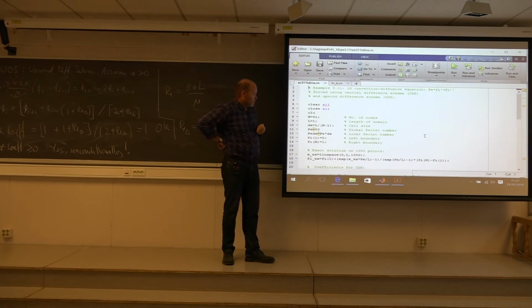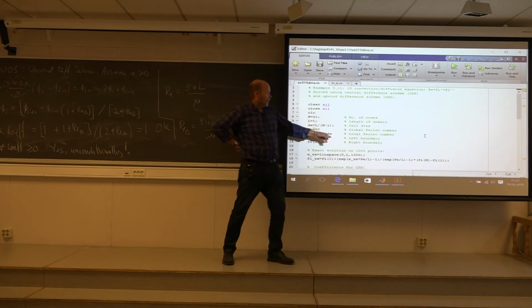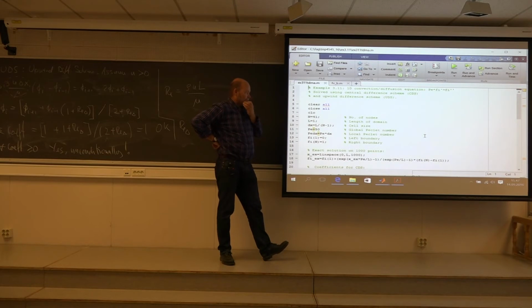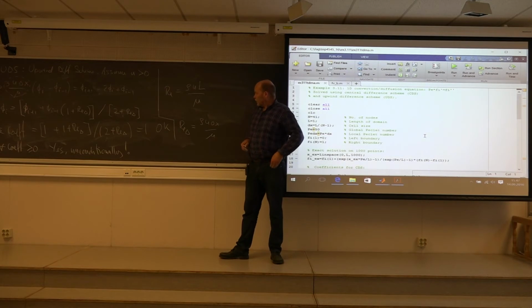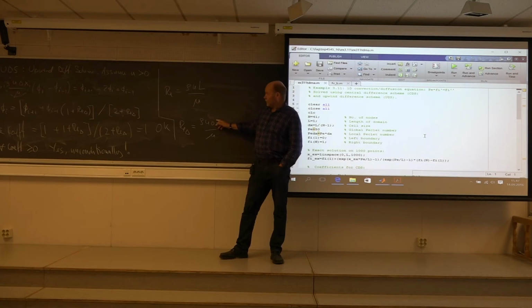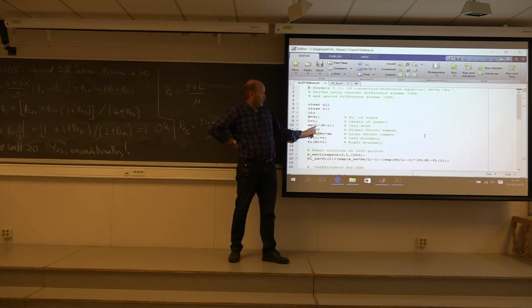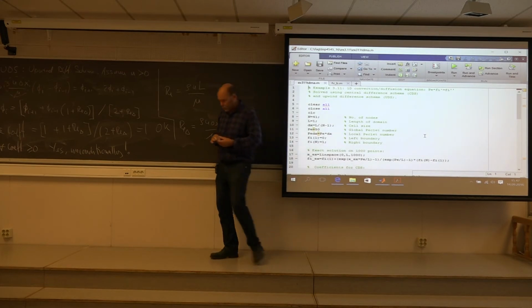No problem there. So a direct method. I specify the global Peclet number, or the global Reynolds number, and then the local cell Reynolds number. You just multiply with delta x. Since I've chosen the length scale to be 1, it's fairly convenient. L is 1, then delta x will be the length divided by the number of cells that we have. So that's it.